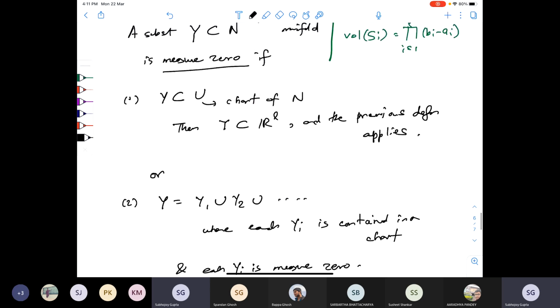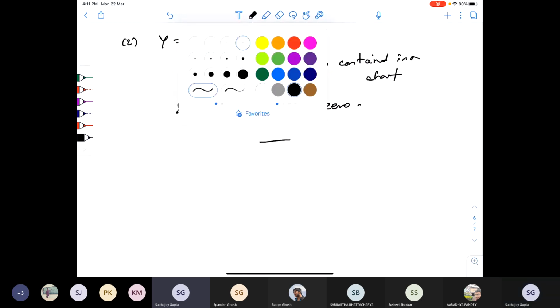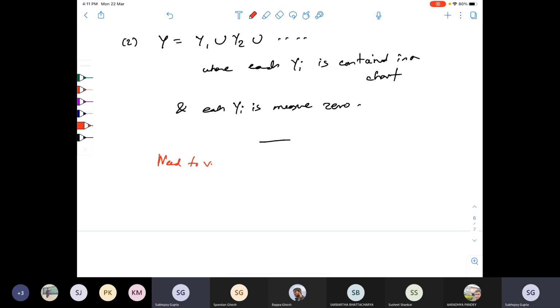So you can say that a set is measure 0 if each piece contained in a chart has measure 0, but you still need to verify that this definition is well defined, that it doesn't depend on the choice of a chart, etc. When I define it this way, you need to verify that this definition is independent of charts, right?